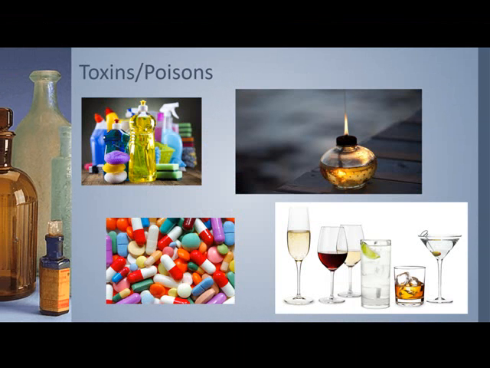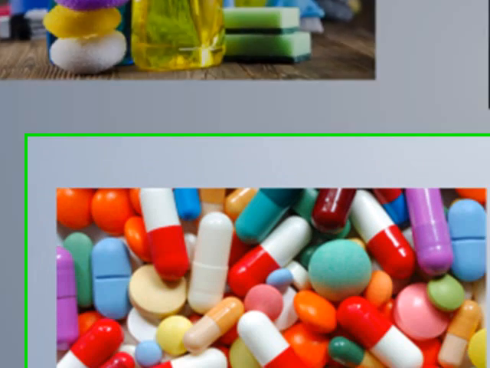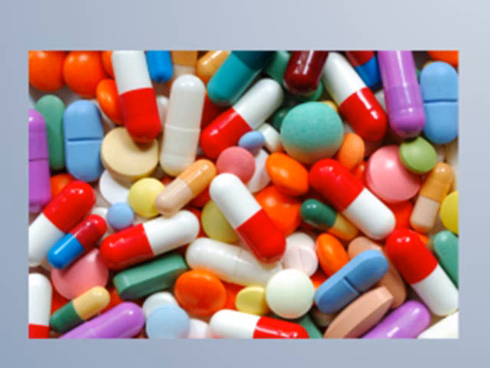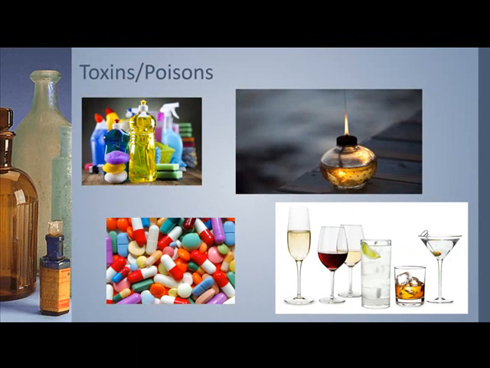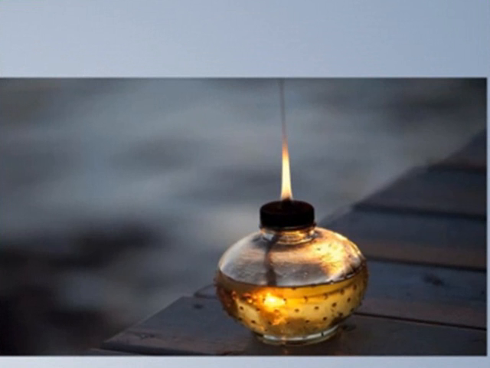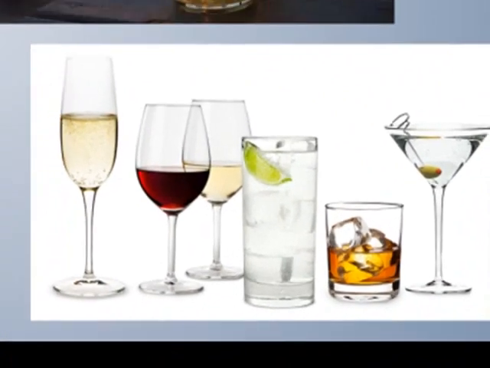The most reported toxins or poisons are the following: household cleaning supplies, analgesics such as aspirin or acetaminophen, cough and cold remedies, sedatives, hypnotics, antipsychotics. They can be cosmetics, plant scrapes, insect bites, pesticides, topical creams and lotions, hydrocarbons such as gasoline or kerosene, antimicrobial soaps, food poisoning, and alcohol.